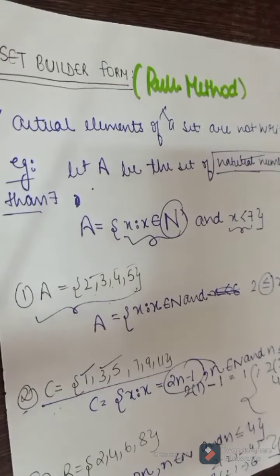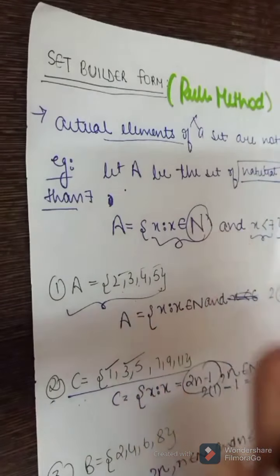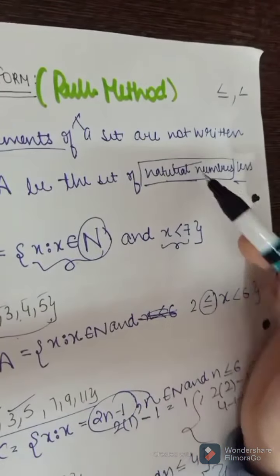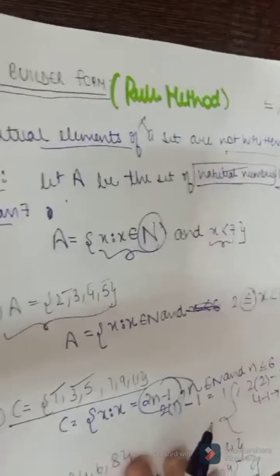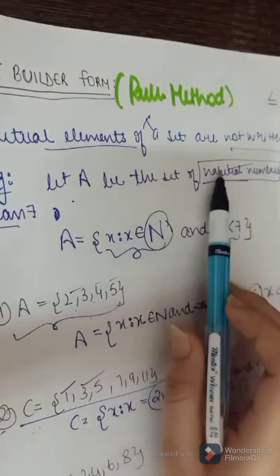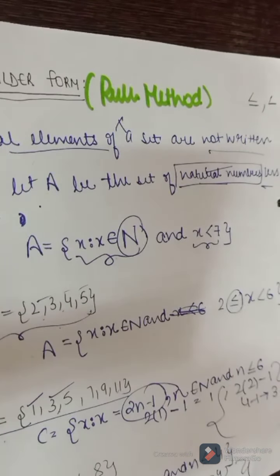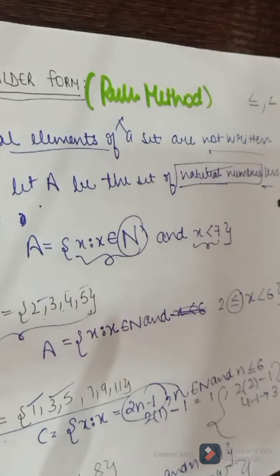That is the set builder form or the rule method, right? I told you that in this form the actual elements of a set are not written. Let's take an example: let A be the set of natural numbers that are less than 7. I told you that we have to write them in the briefest possible way in the set builder form.